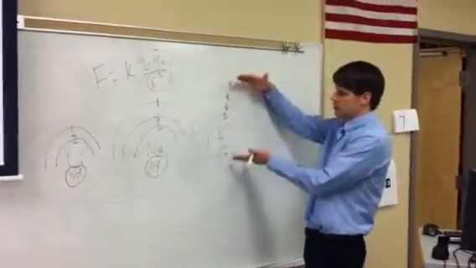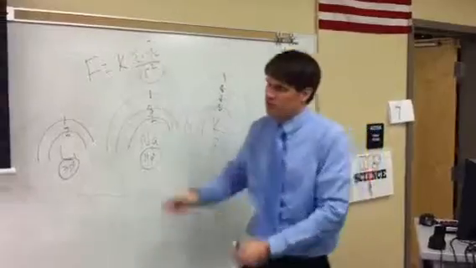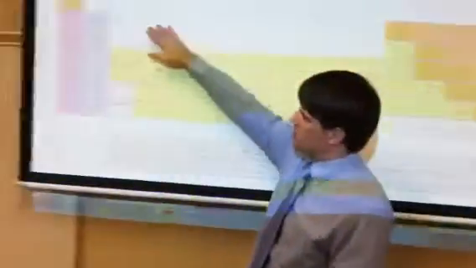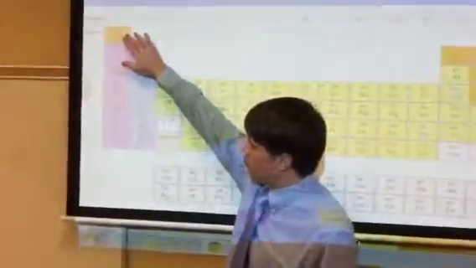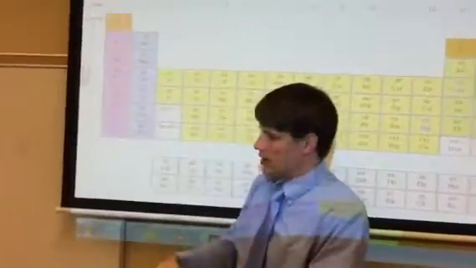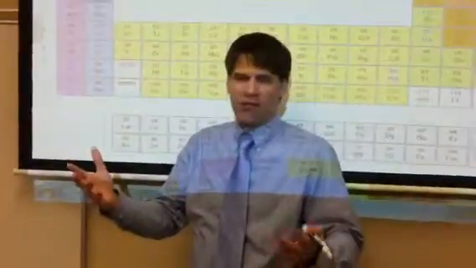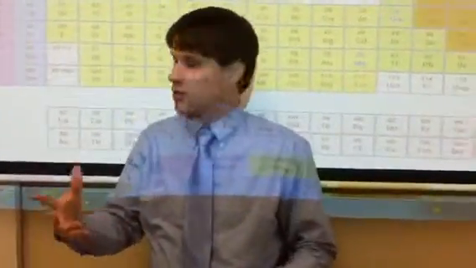That electrostatic force decreases as you increase the distance. So if you look at your periodic table, as you go down, the distance from the nucleus to that valence electron increases, and therefore the valence electron is given away more easily.